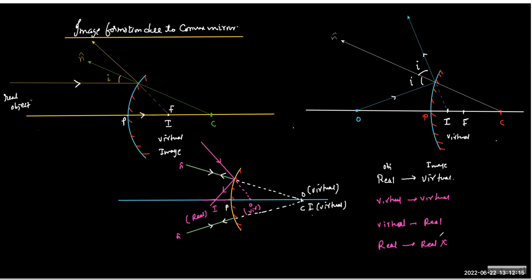Is this clear? So you can make a summary table of what is possible and what is not possible if you want. I can do it quickly. So the table for 3 mirrors.